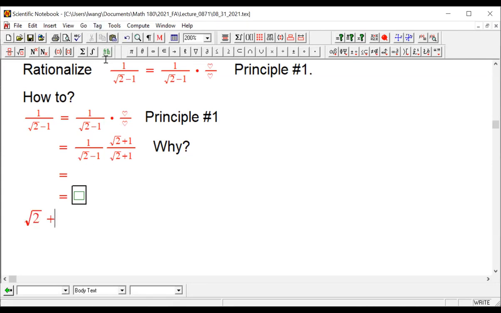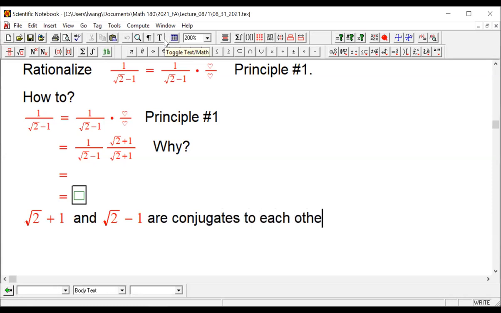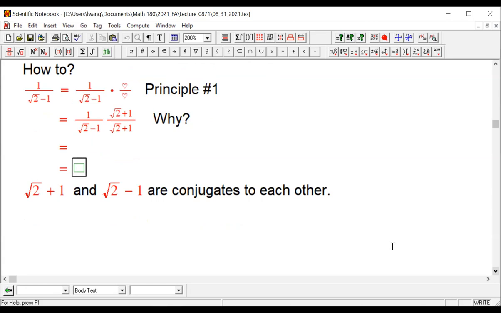Root 2 plus 1 and root 2 minus 1 are not inverse to each other. They are conjugate to each other. That's another word, conjugates to each other. Root 2 plus 1 and root 2 minus 1 are conjugates to each other. What is a conjugate? So what are conjugates?